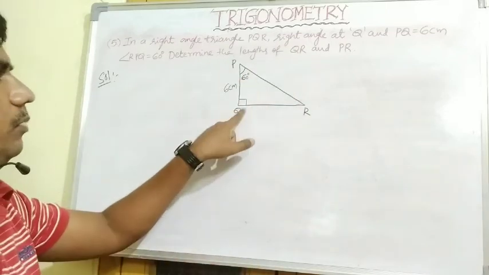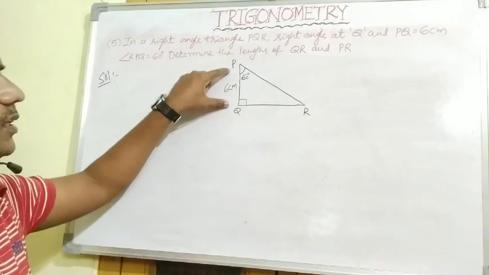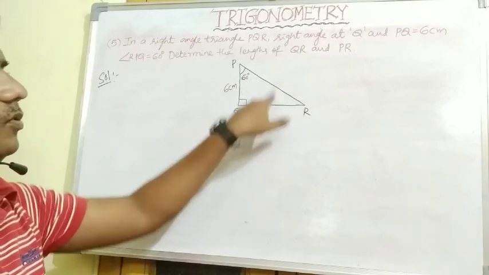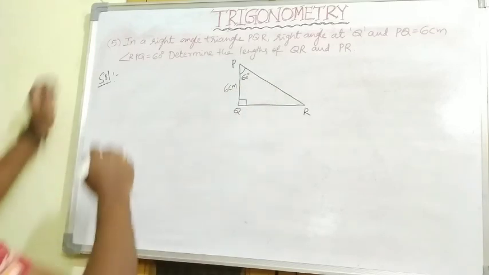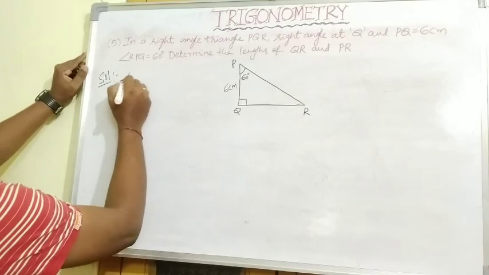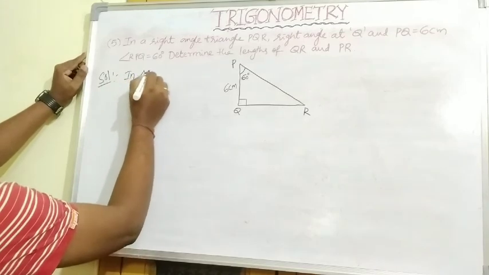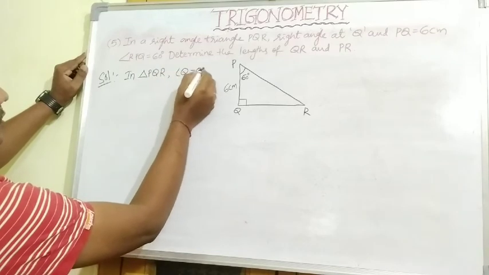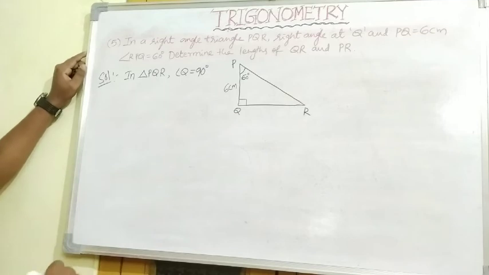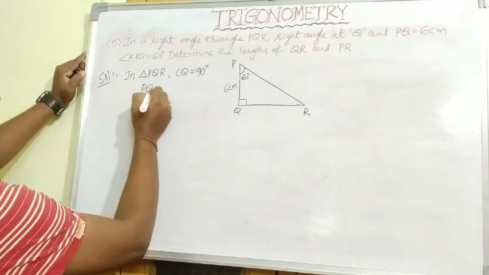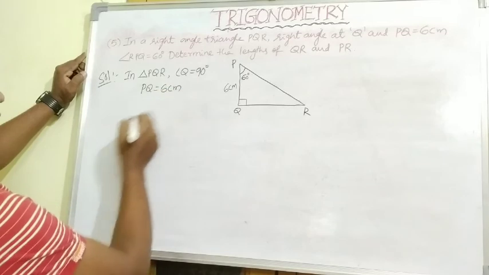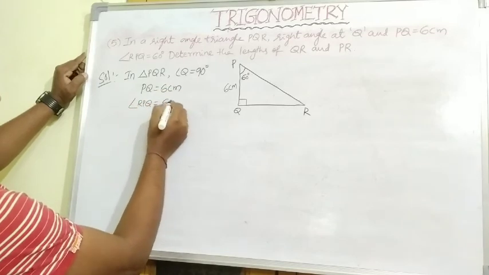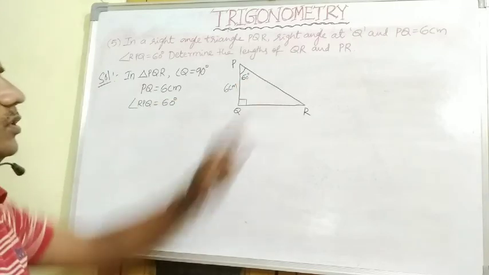So the given values: in triangle PQR, angle Q equals 90 degrees, PQ is 6 centimeters, and angle RPQ is 60 degrees. Now we have to find these two sides.